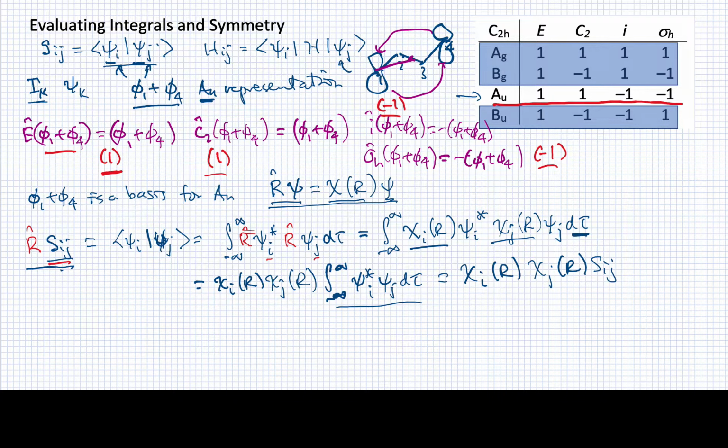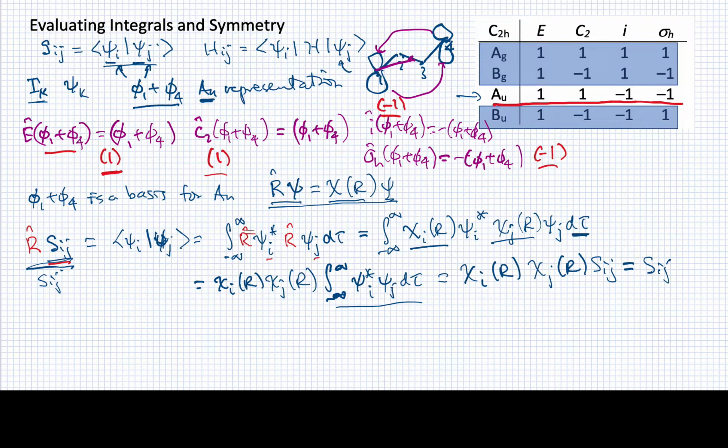In other words, if I were to simply reflect everything in a plane, that overlap integral will still have the same value. If I were to rotate it about an axis, that will have the same value. Even if I invert it, those two functions will have the same value of overlap. So in fact, this whole thing is still equal to S_ij, because this is equal to S_ij.